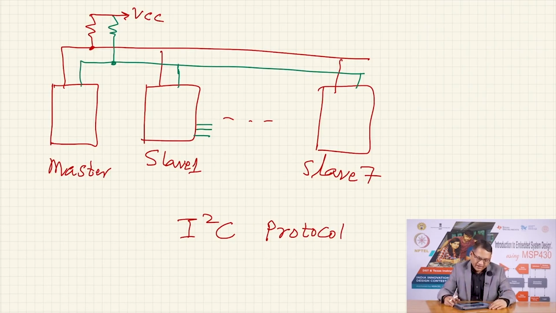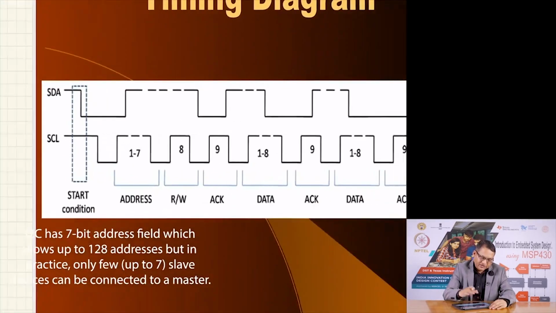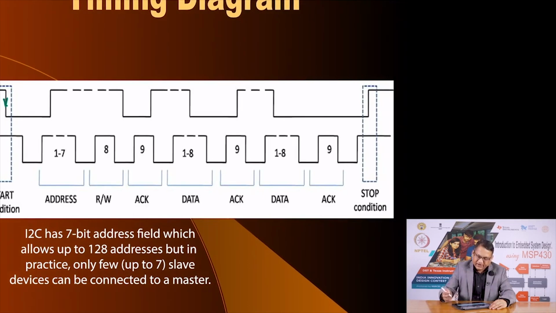Here is the timing diagram of communication on the I2C bus. You have to initiate a start condition, which is when the serial clock pin is high and there is a high to low transition on the SDA bus, and then you have a certain number of bits, and then you end that transmission with a stop condition in which the clock pin is high and you have a low to high transition on the SDA pin.